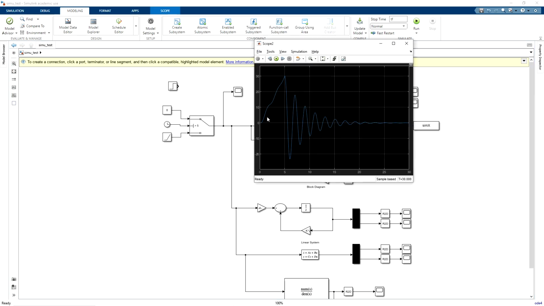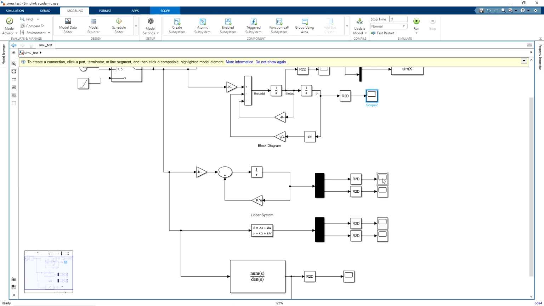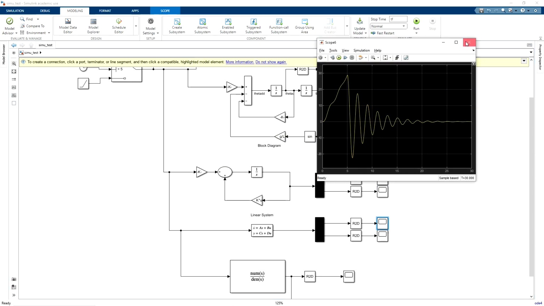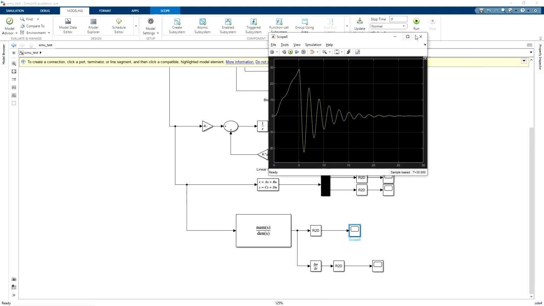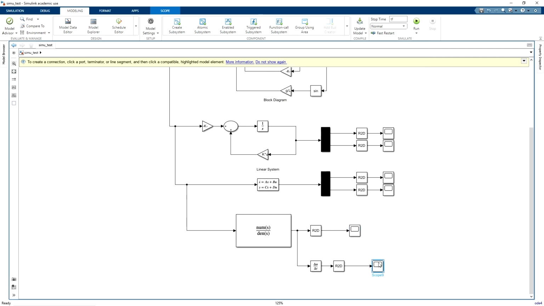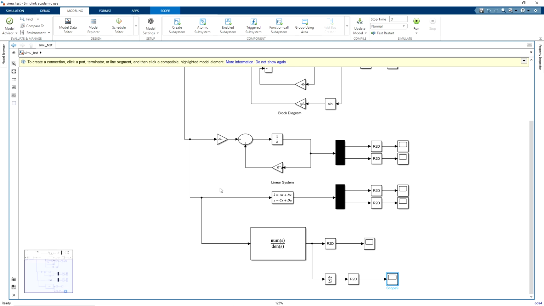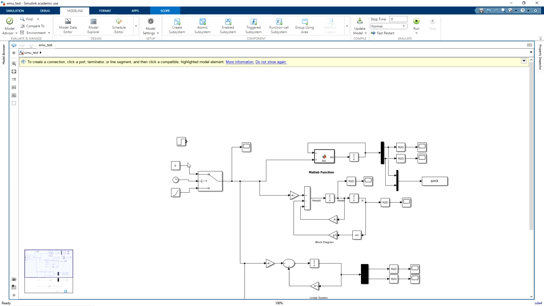This should be a similar response. Yes, a similar response, and of course we will get a similar response because the initial condition is 0 and the angle is very small. So you can test with very different initial conditions by entering different control inputs and test the model.